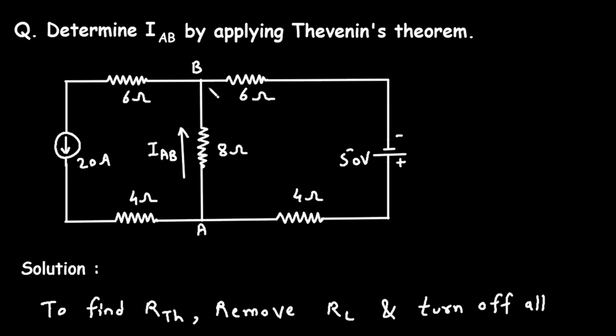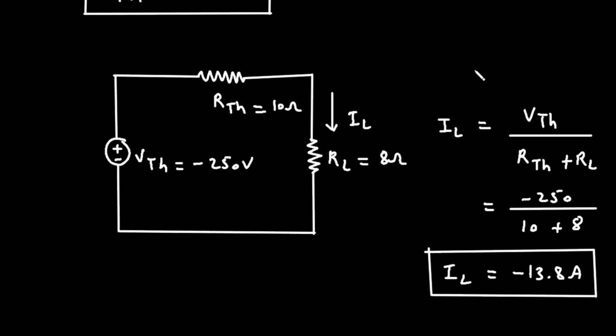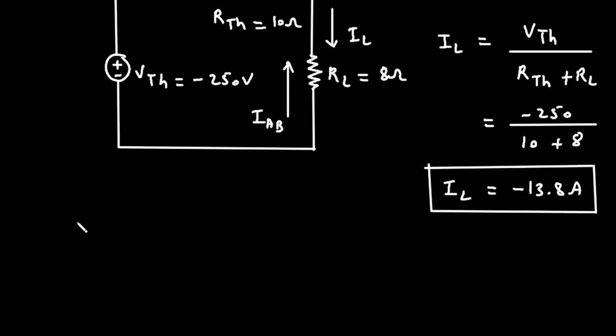Now since we have to find IAB, that is the direction of current is upward. So it will be like this, IAB. So here IL is equal to minus IAB.